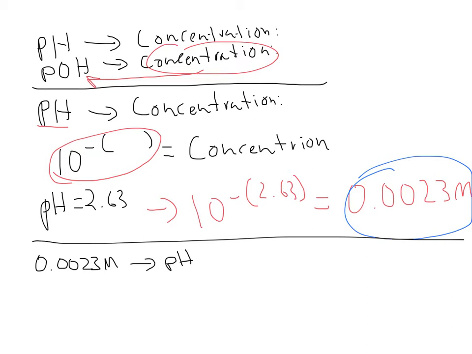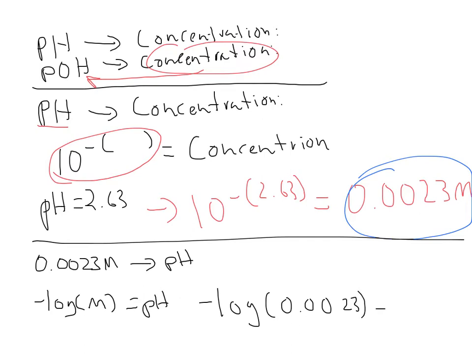You use the formula, minus log, insert the molarity, equals pH. So you just do this out. Minus log 0.0023, and look at that, it equals 2.63.